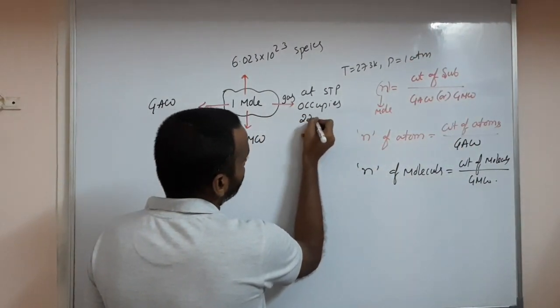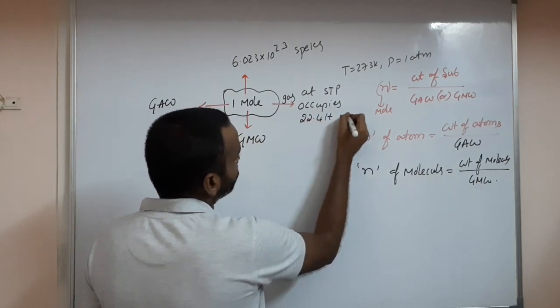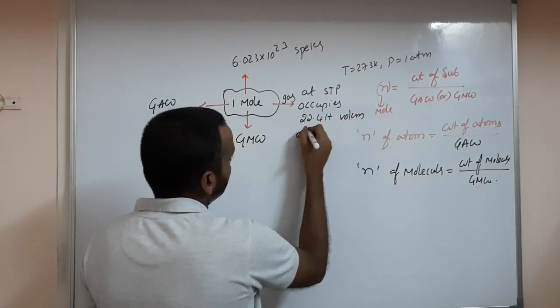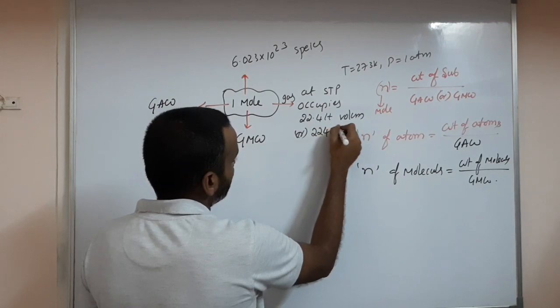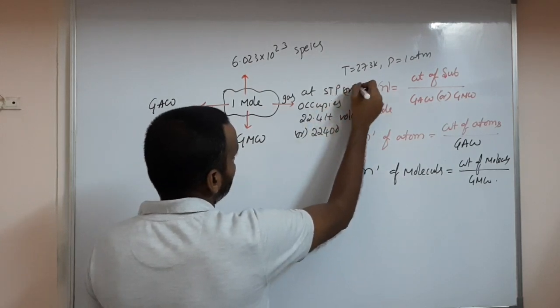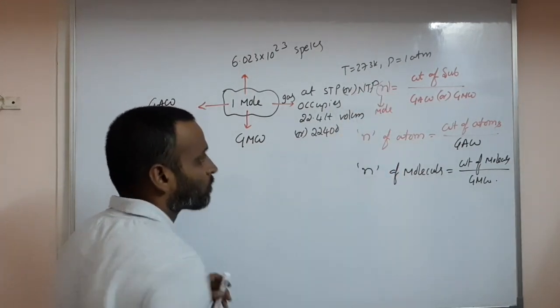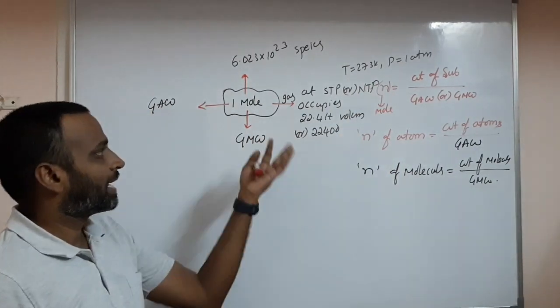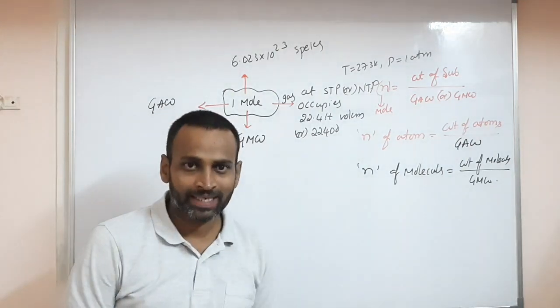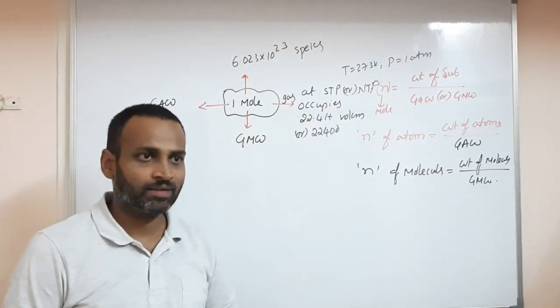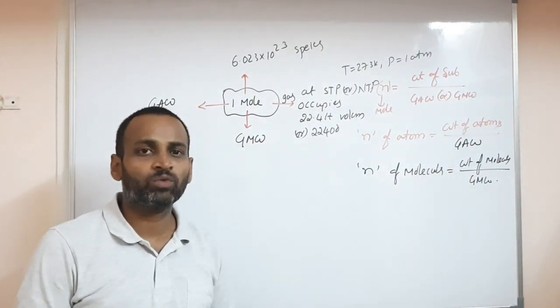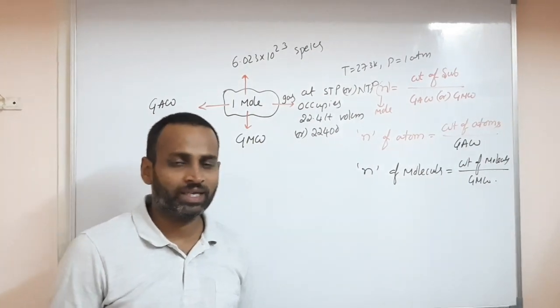But this is the condition, STP or NTP. If you know this, maximum of the mole concept is over, except limiting reagent and those relations, weight relation, weight volume relation. For that we can easily complete.